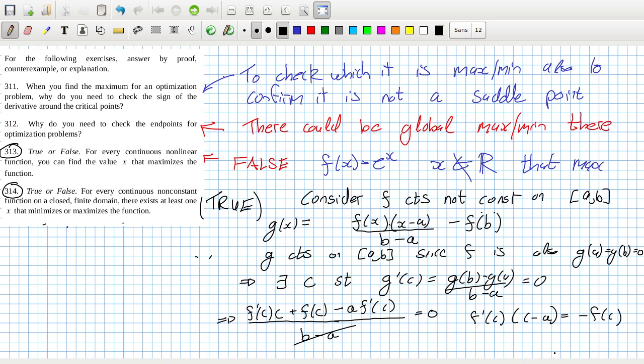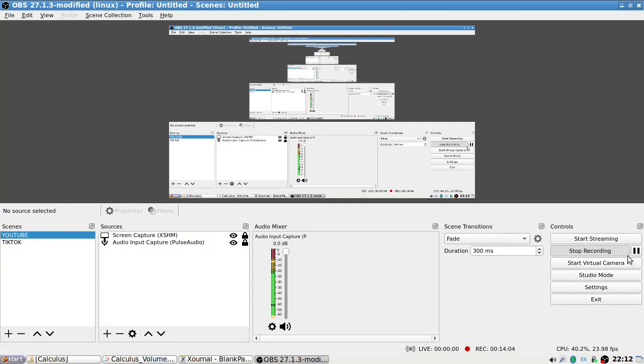I can show there's a point where the derivative is proportional to the height. Oh, okay. This didn't work. I have to think more about this.